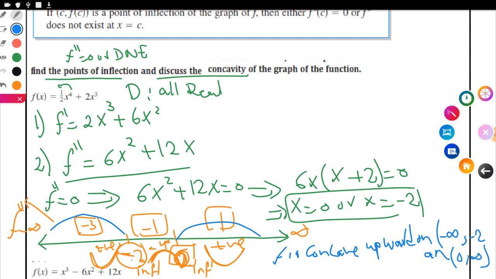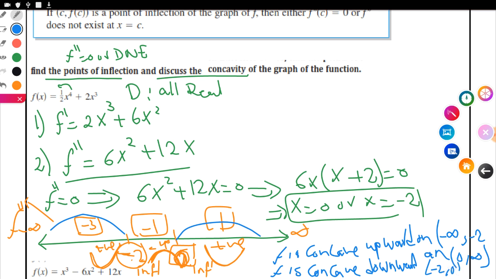Clear? F is concave downward on which interval? Negative 2 to 0.